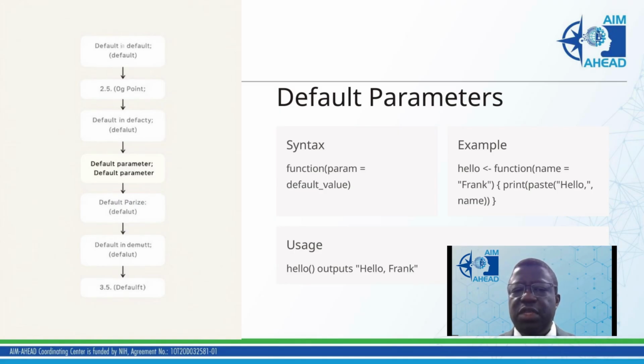If we provide an argument such as hello("Sammy"), the function will override the default, resulting in the output hello Sammy. Utilizing default parameters in your R functions not only makes them more versatile, but also enhances user friendliness. This approach ensures that functions can operate seamlessly, even when no input is provided.